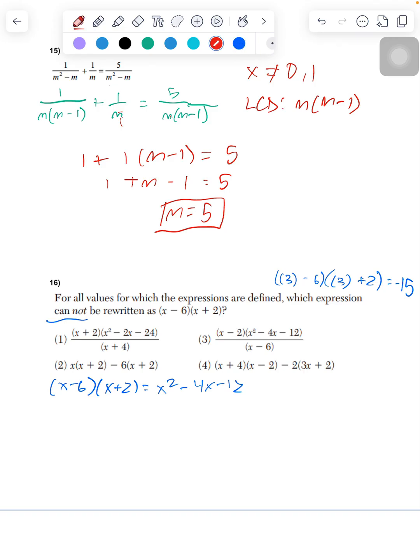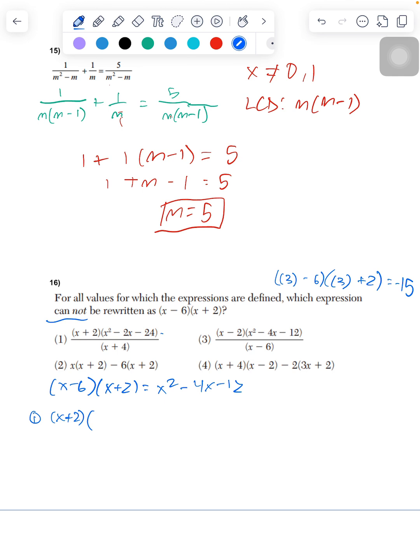Okay, so let's check all our options. Which one can't be written like that? So let's take a look. First one, I have x plus 2. And now I'm going to factor this one. So I'm going to factor number 1. So I'm going to have x plus 2 times, what are the factors of negative 24 that add up to negative 2?